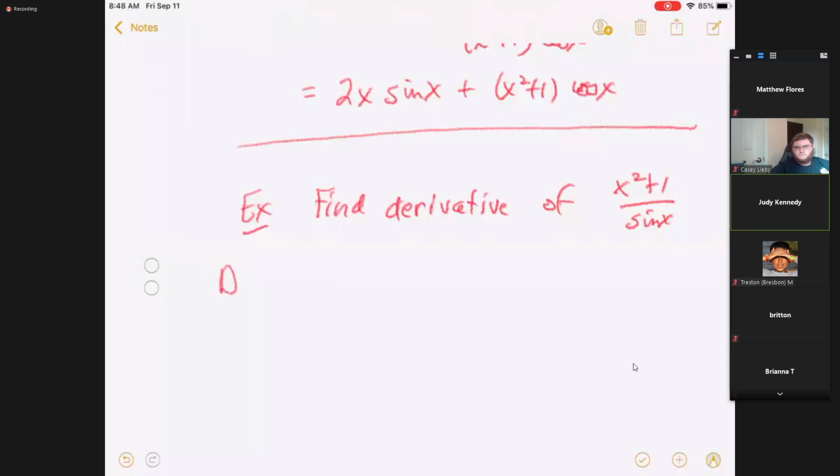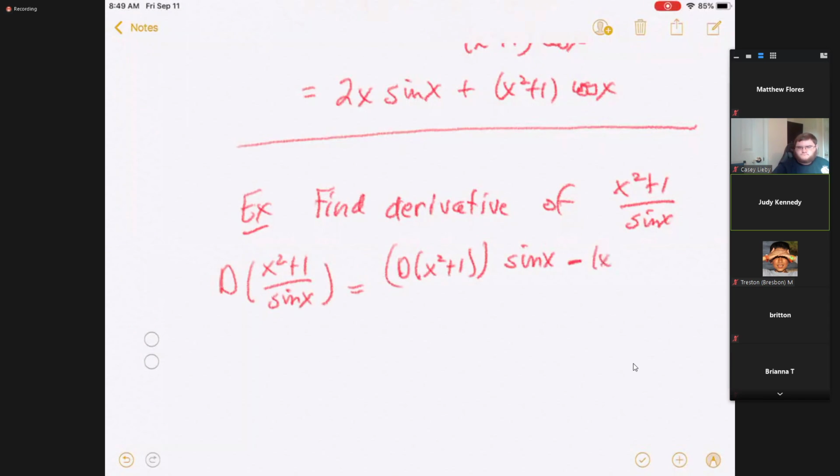So the derivative of x squared plus 1 over the sine of x is f prime times g, the derivative of x squared plus 1 times the bottom function unchanged, minus x squared plus 1 times the derivative of the bottom function, over the bottom function squared.